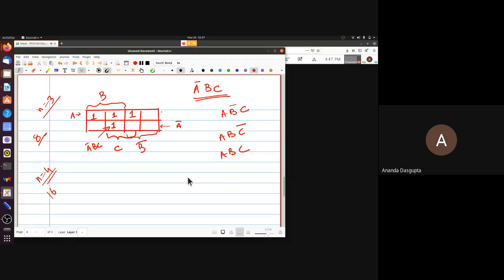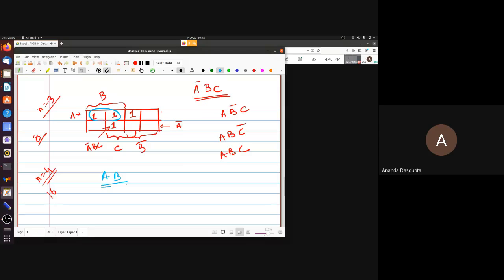Now, what is the advantage of doing this? The answer really is that if you have doublets adjacent to each other, or quartets in the form of a rectangle or a square, or an octet, think 8 things, all of them which are 1, then they have a much simpler expression. So here, for example, you can immediately see that you have 2 adjacent ones. Now, what is the expression for this pair? Notice that if you look at this pair together, they are in A, in B. So they are both A and B, but they are both in and out of C, so C doesn't feature.